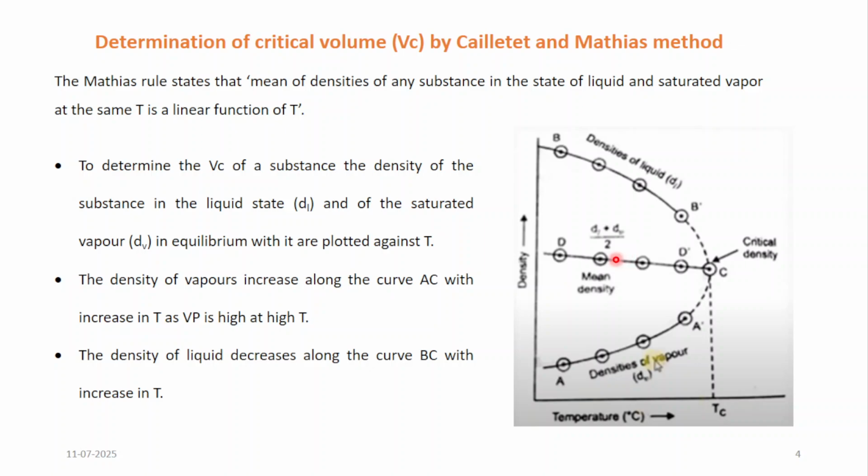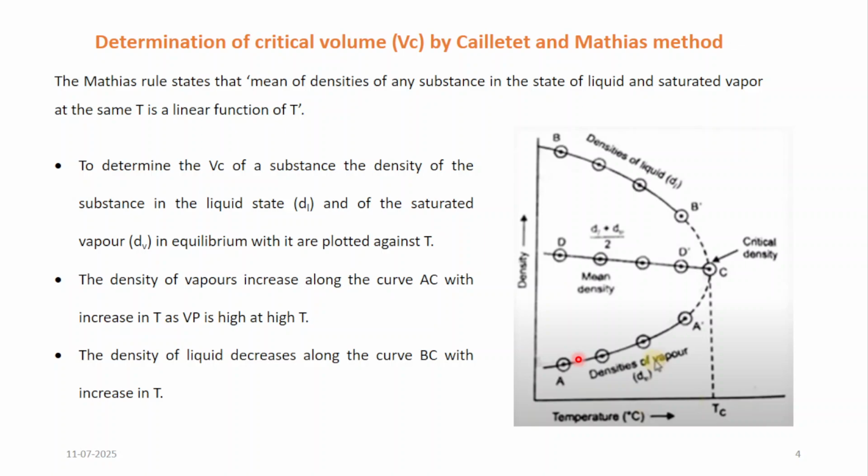How will you do it? You take any substance. First you plot the graph of densities of the liquid and the vapor phase. So density of vapor increases along the curve AC. You know, density of vapor phase, if you increase the temperature, it will increase.